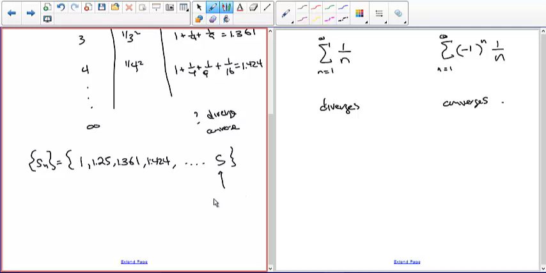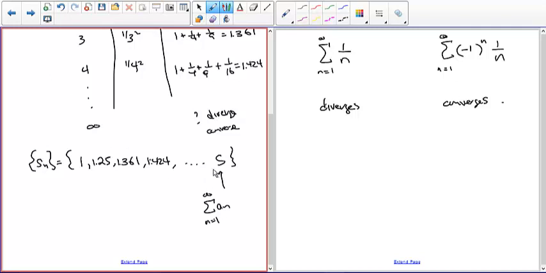So this would be the summation of a sub n from n equals 1 to infinity. The last term, which is really not a last term, but the term that it converges to in this sequence, is the value of the series. It's the number.